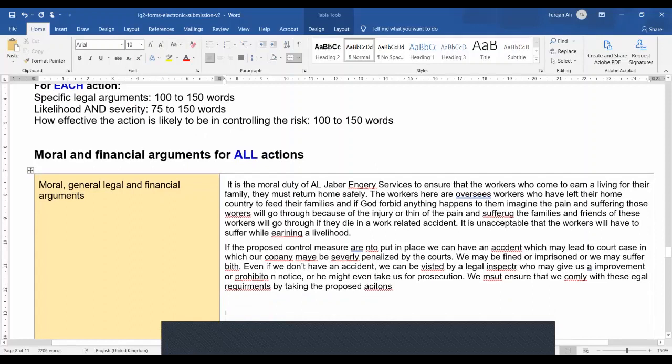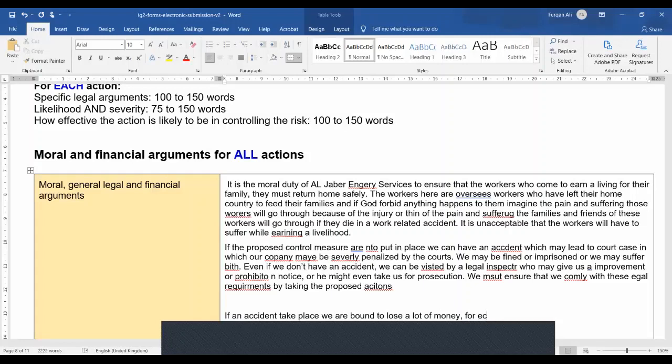Now you talk about the financial arguments. What are the financial arguments? If an accident takes place, we are bound to lose a lot of money.